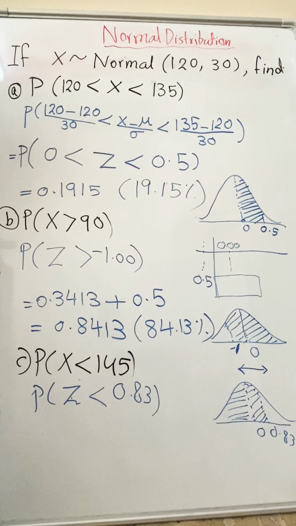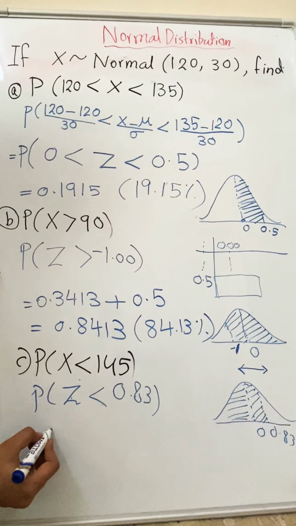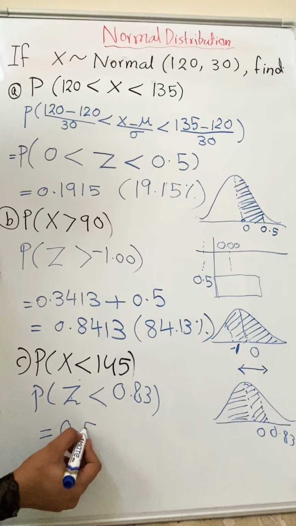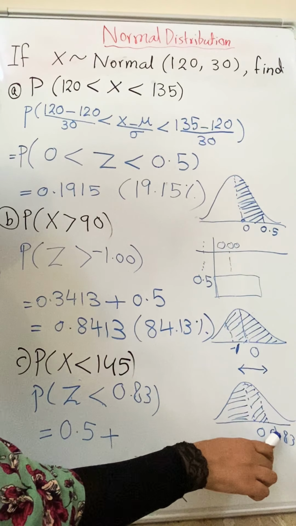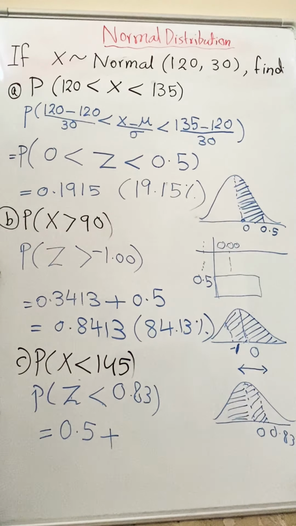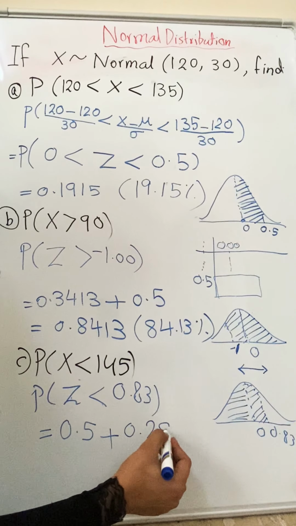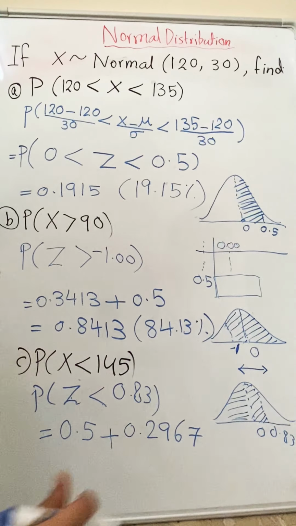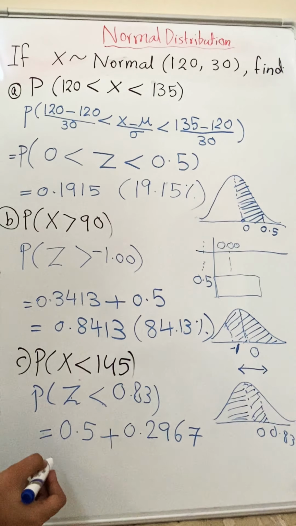We know that the area from here to 0 is 0.5. And the area from 0 to 0.83, if you use the table, is equal to 0.2967. So the final answer is 0.7967.